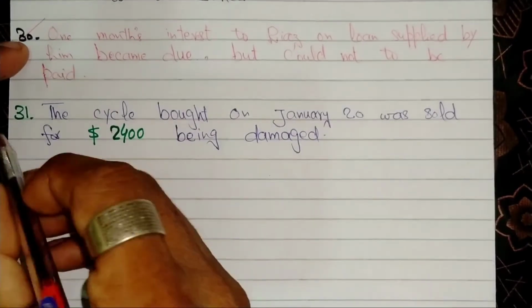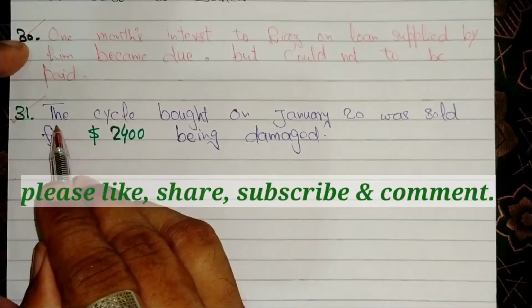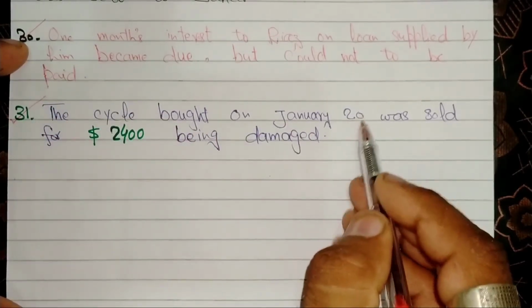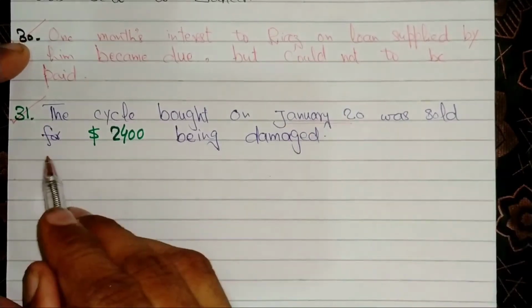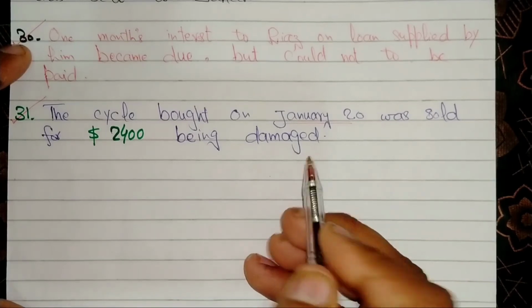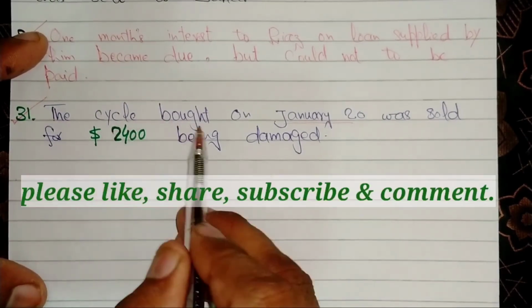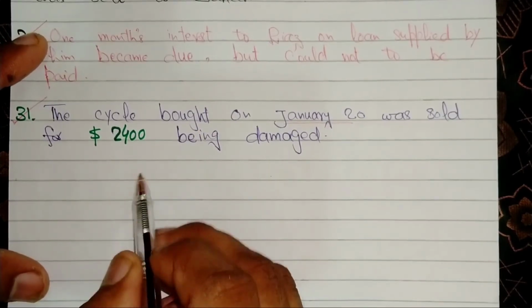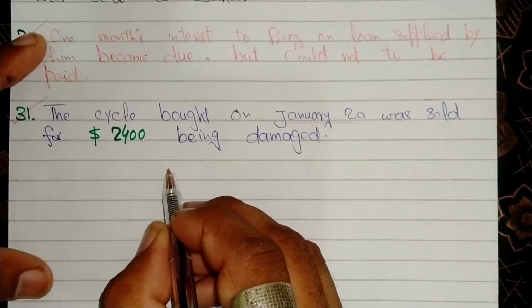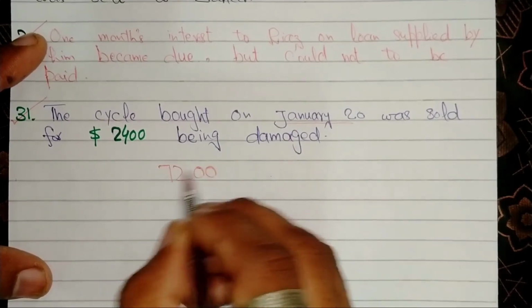The last transaction of this illustration is the cycle bought on January 20 was sold for $2,400 being damaged. Recall the concept of cycle account, which was the actual amount or worth $7,200.